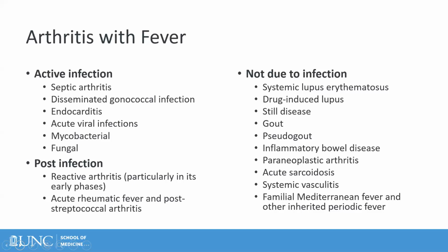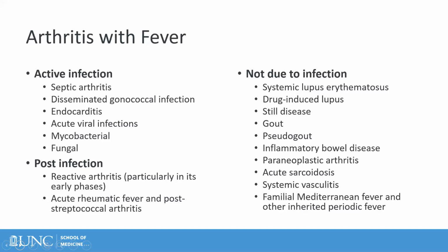Once you've ruled out an infection, you're going to be thinking about other things such as systemic connective tissue disorders, drug-induced diseases, Still's disease. We recently saw a woman in the hospital who presented with arthritis and a fever, and went through a million diagnostic possibilities, most of which were a long list of infections.